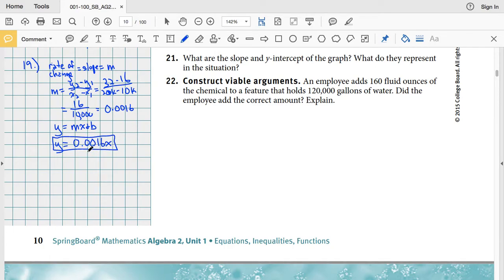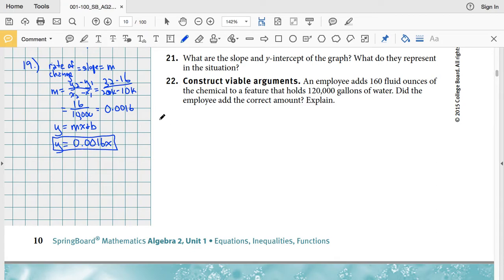Now this could actually be different, and it really depends on what units you're using. I'm just using gallons and fluid ounces, so that's what this would be. If you were using something like thousands of gallons, then this would probably change to y is equal to 1.6 times x. So it just really depends on what units you're using. Just make sure that you are clear what you're using, okay?